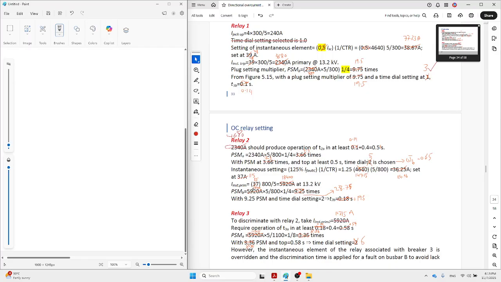No worries about that one. 18,400 for the fault in front of the relay means operating as the main unit to clear the fault. 18,400 times the CT over the pickup current becomes 28.75. Again, we know the TDS, which is 5, and we know the PSM, 28.75.